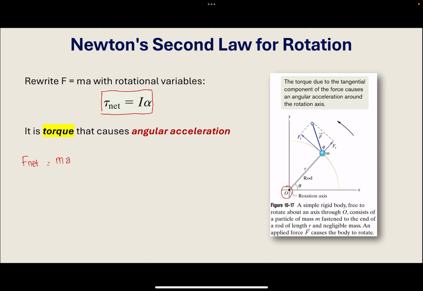The tangential component of this force, Ft, is what actually produces a torque, and that torque generates the angular acceleration alpha of the rod. If we want to make something rotate faster, there are two ways. First, apply a larger force, or second, apply the force farther from the axis, increasing the lever arm r.